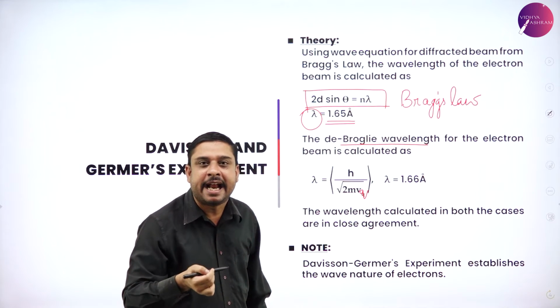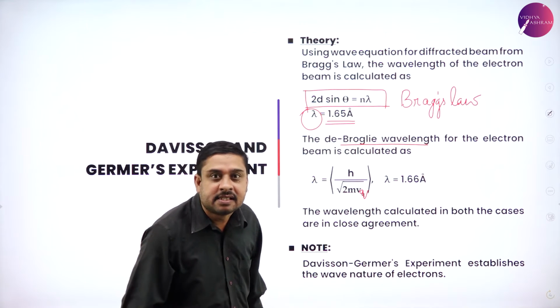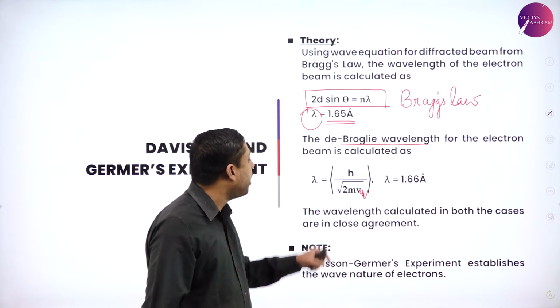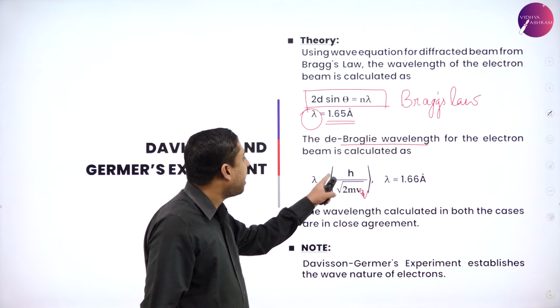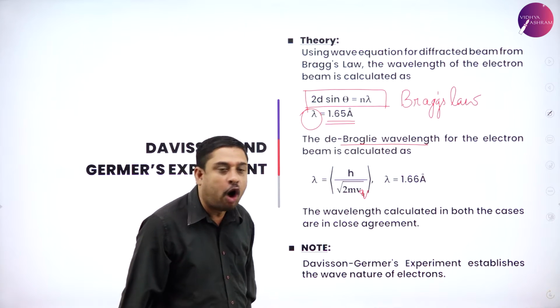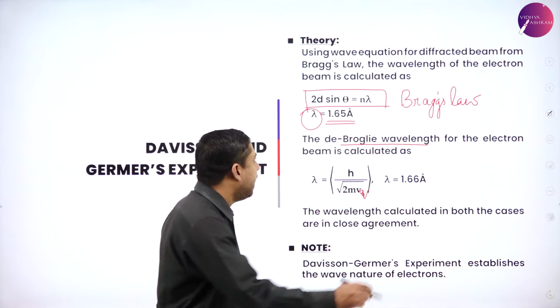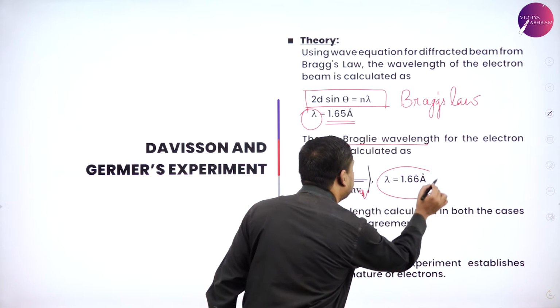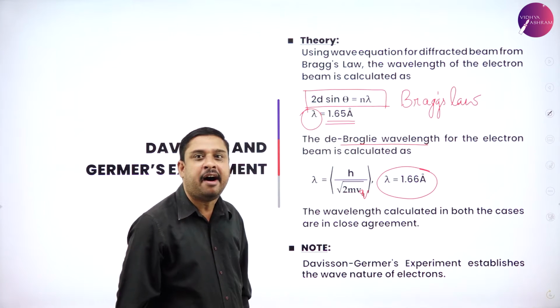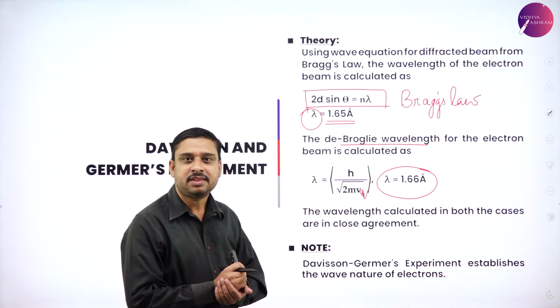They are treated as moving material particles. Therefore, their de Broglie wavelength lambda is h divided by root of 2mVq. And here, the value of lambda is 1.66 angstrom.